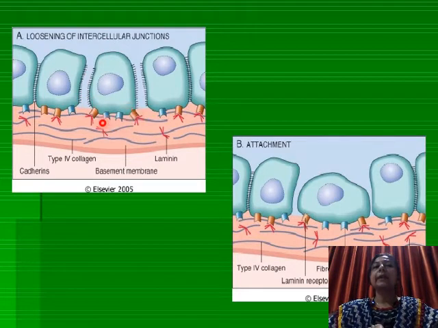The tumor cell has laminin receptors and fibronectin receptors, so they will identify the type 4 collagen at the basement membrane and attach to it.